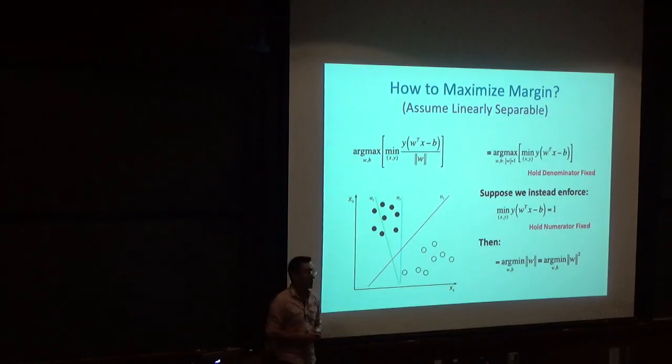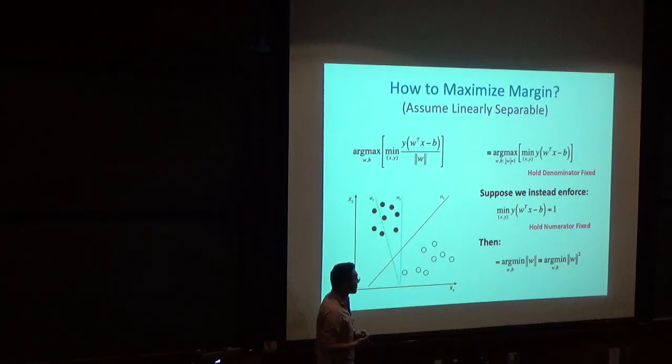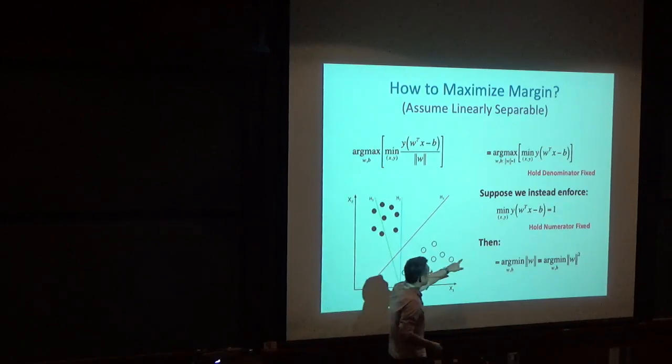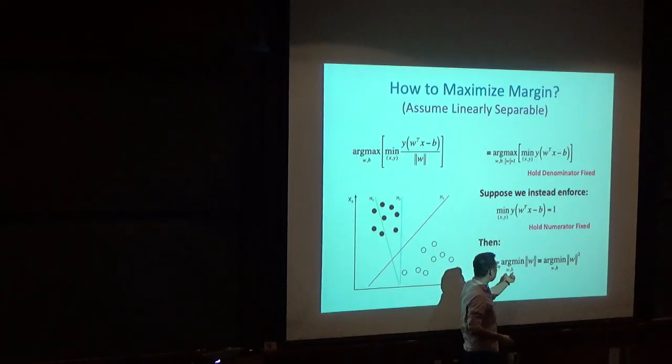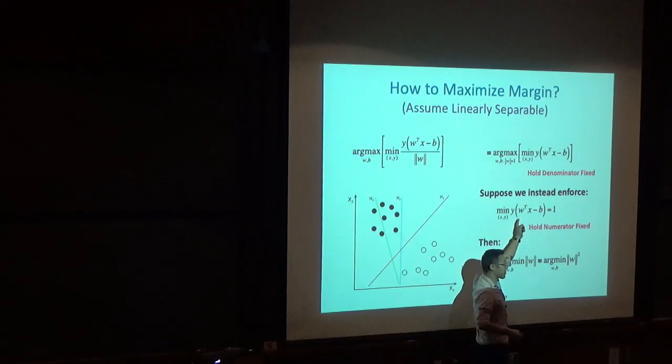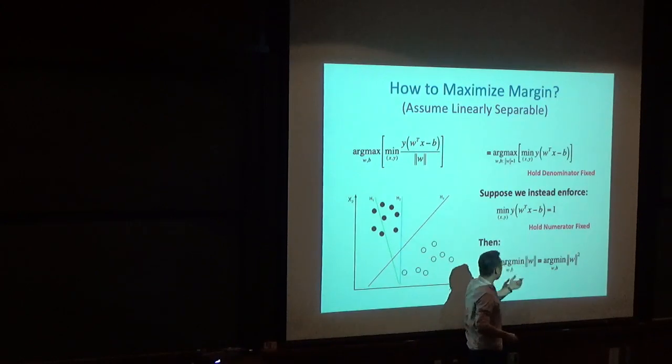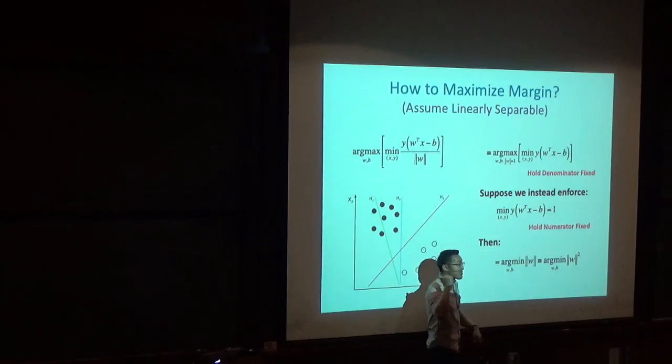Yes? For the last one, you have the argument of the norm of W with parameters W and B. So what does B mean in this case? It's not even in the target you're optimizing. So you want to enforce that this is true. There exist sets of W and B where this is not true. This will become obvious in the next slide.